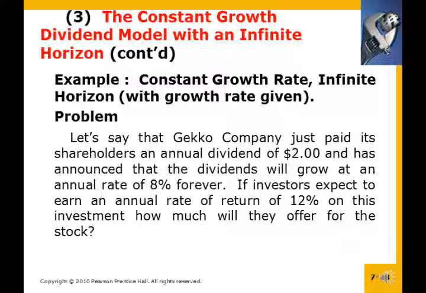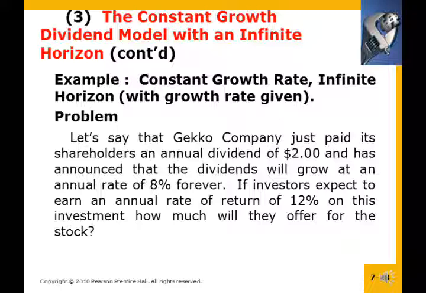Given all this information, you have an annual dividend equal to $2. You have to ask yourself, is it constant or not? It's not constant. Why? The dividends will grow at an annual rate of 8%. So here the dividends will grow, with a constant growth rate, which is 8%.